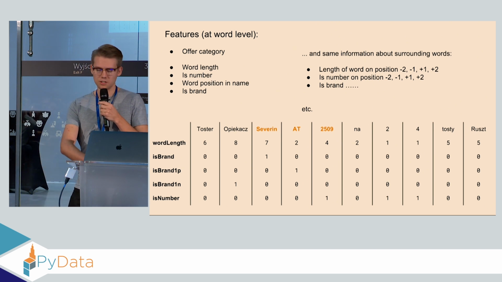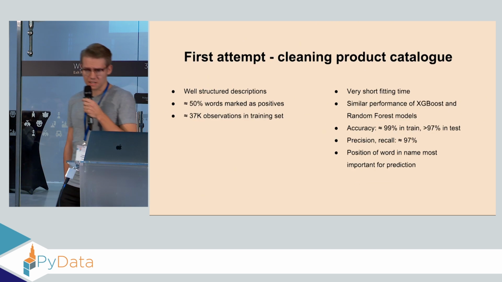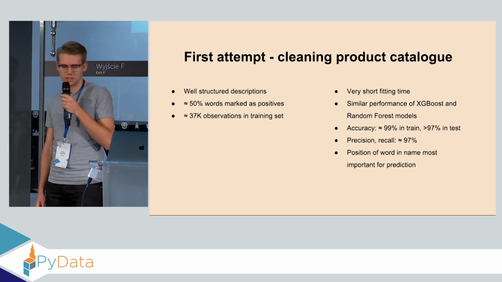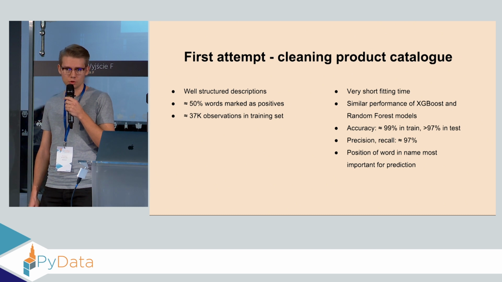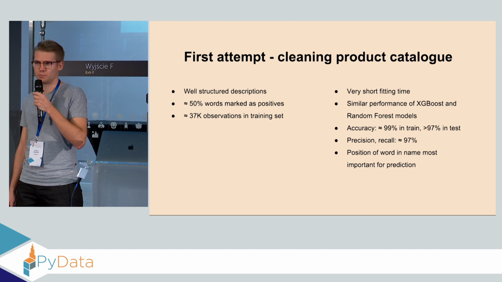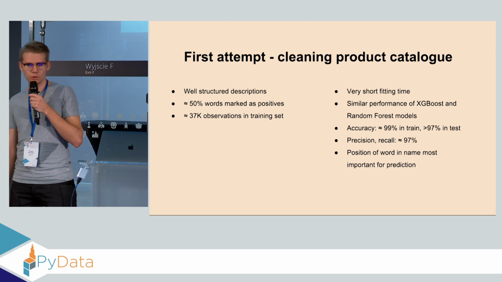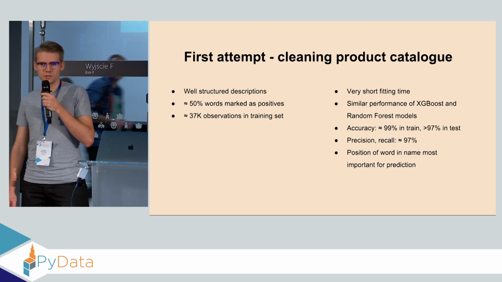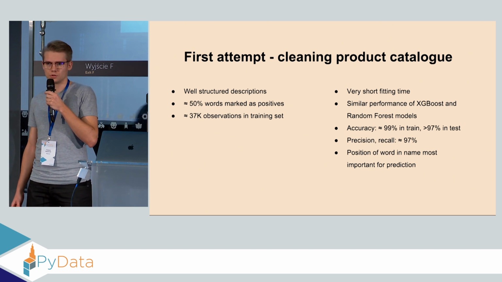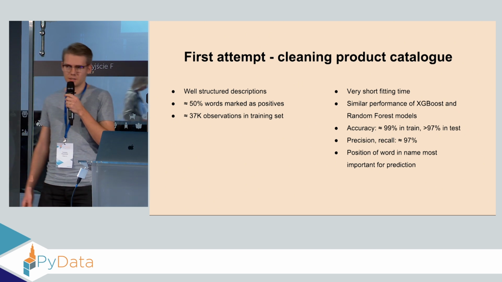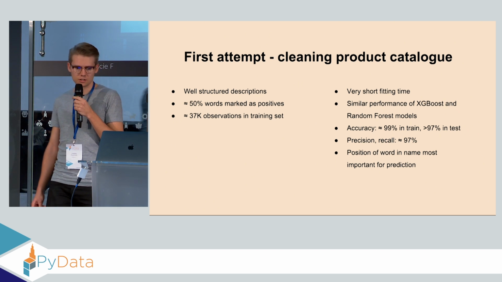So this was the initial input, and this actually worked for us pretty well, because the first attempt at doing it this way was to try and clean up a product database, a quite well-structured product database that is a bit too difficult to manage by some heuristics, but there are some identifiable patterns that are not too complicated.